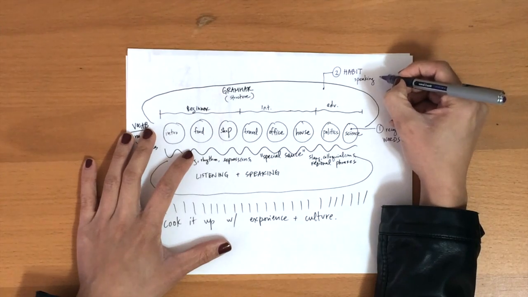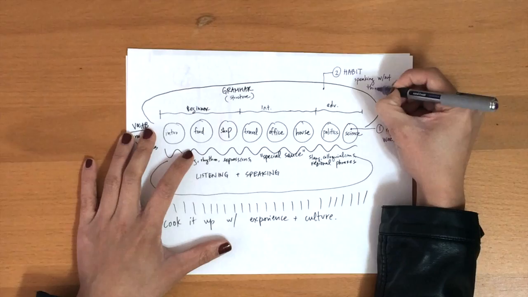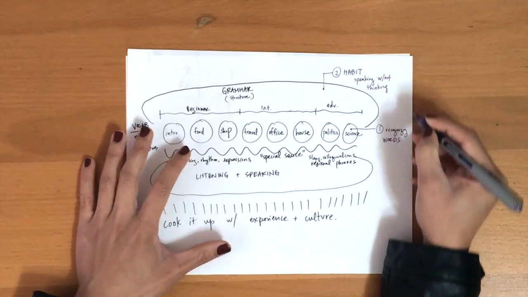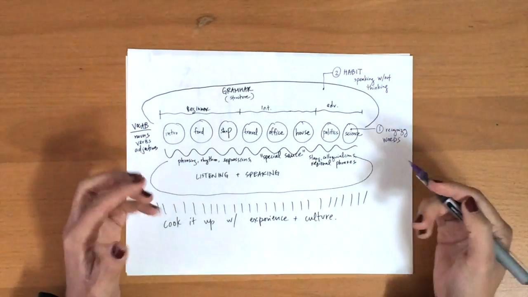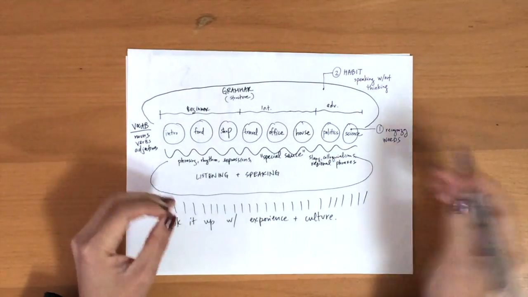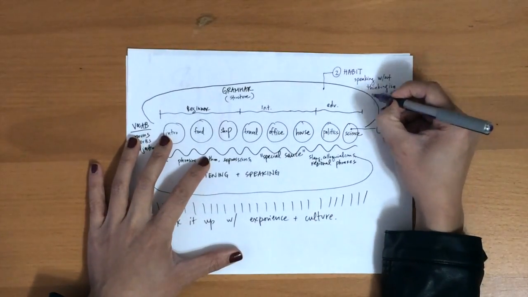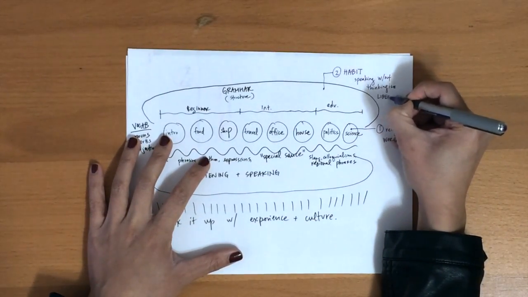You might start speaking without thinking. It's a great feeling not having to translate it in your head from English to that language, but just going straight to that language. So that is very liberating.